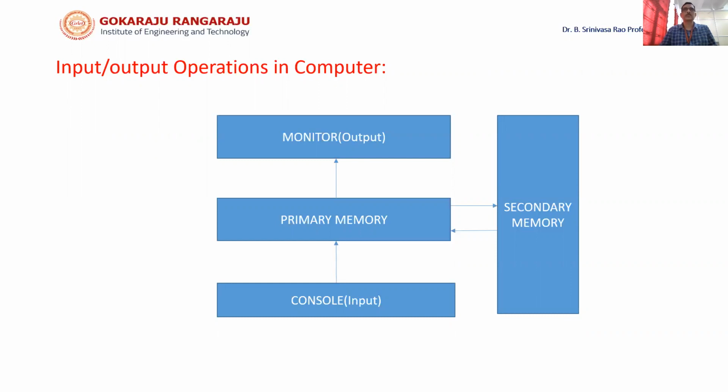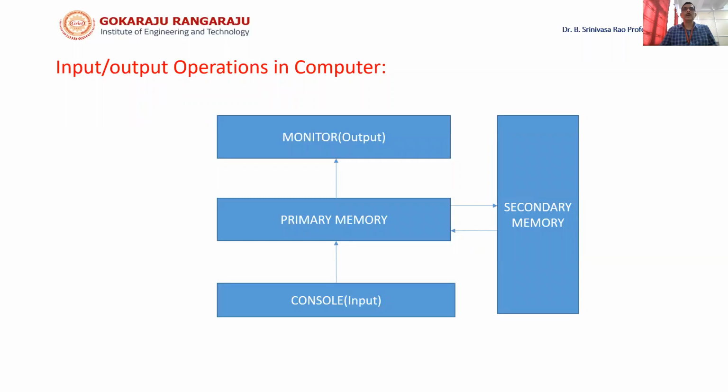take place. In general, in our computer, the keyboard is said to be the standard input device and is also known as the console. It is used to input data to the computer.